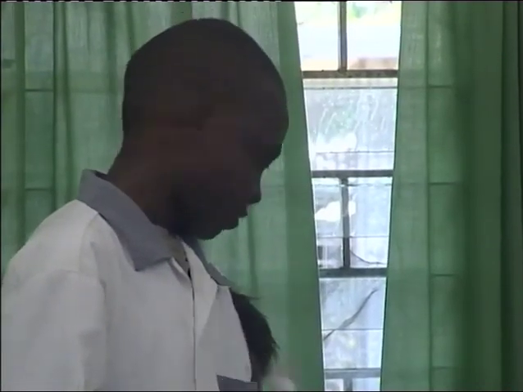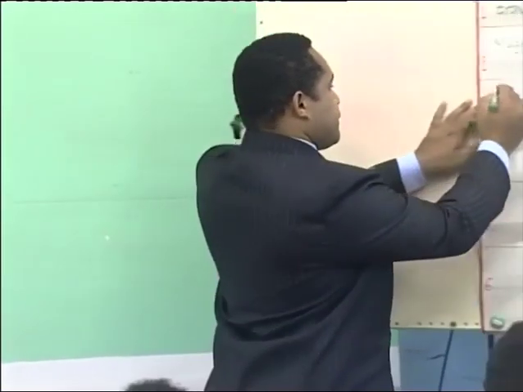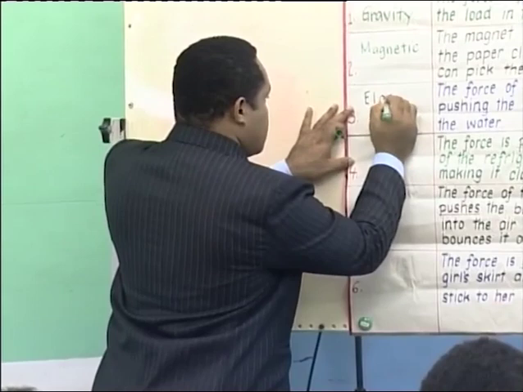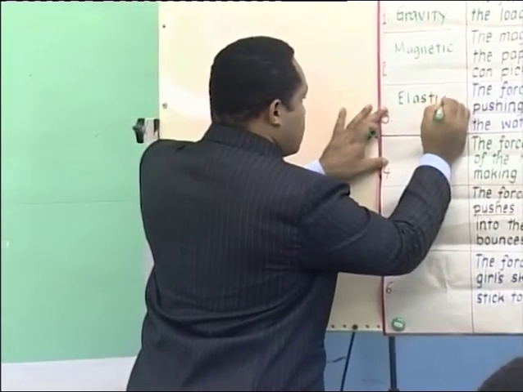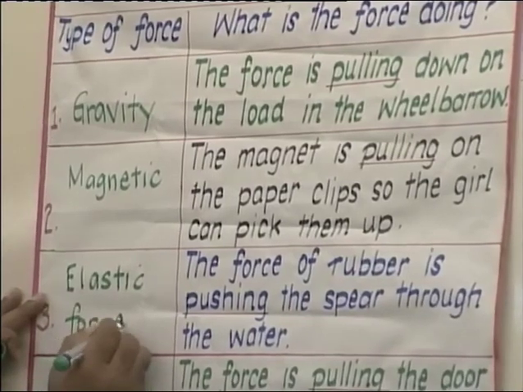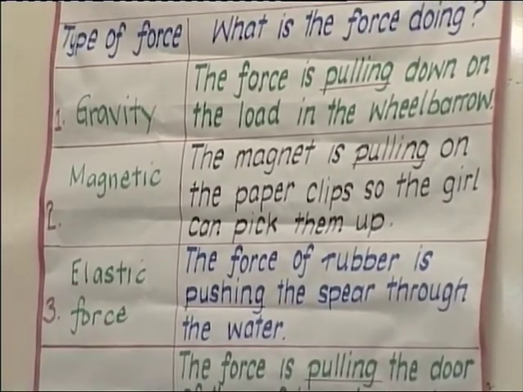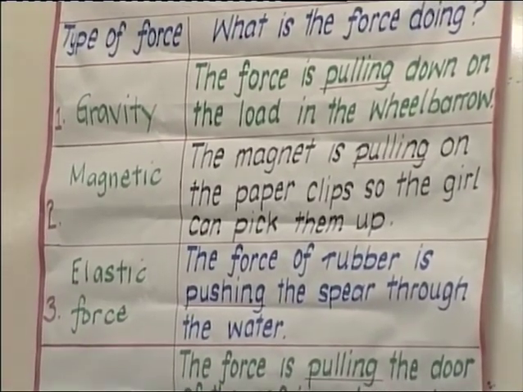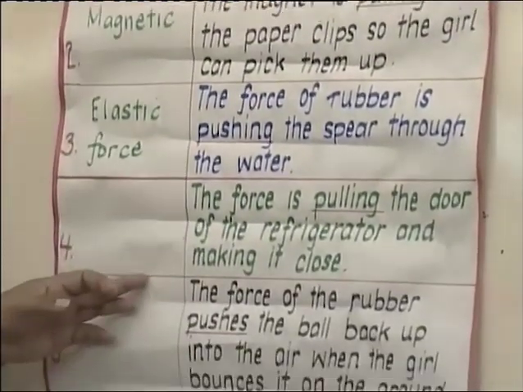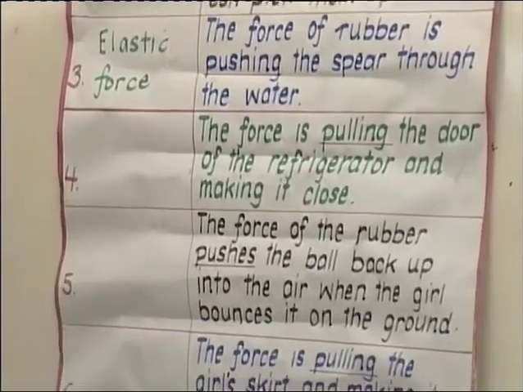Elastic force. Very good. Thank you, Emmanuel. Elastic force. Very good. Number 4. The force is pulling the door of the refrigerator and making it close.